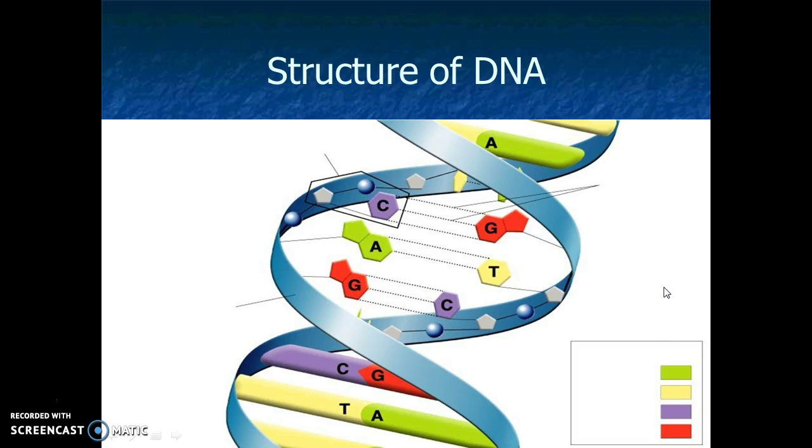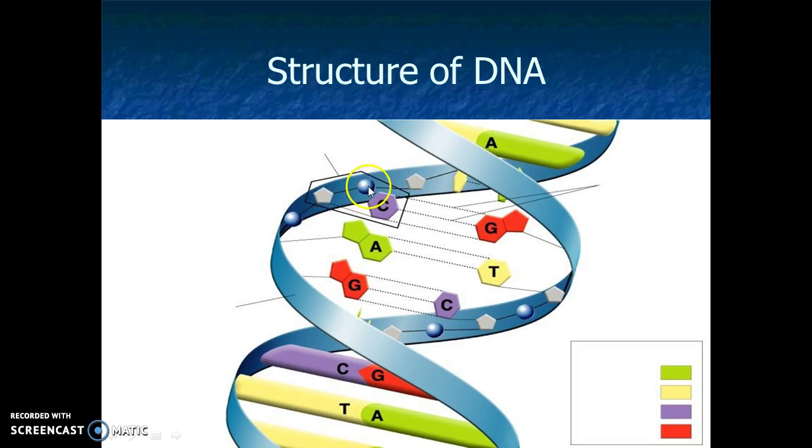Here's another illustration. So what does this blue line represent? If you said sugar and phosphate, you are right. And what are these rungs made up of? If you said nitrogen bases, you are right. And what is this box right here encompassing?